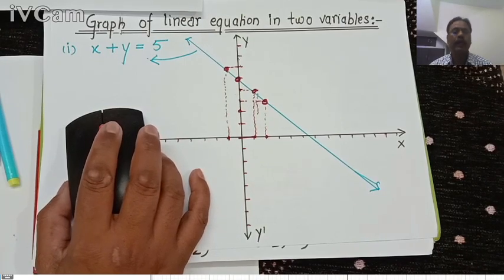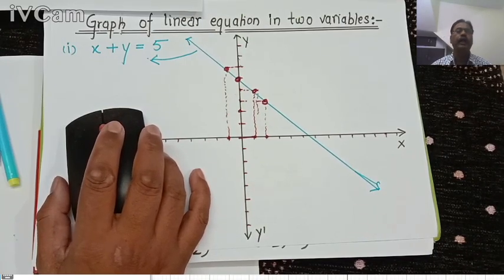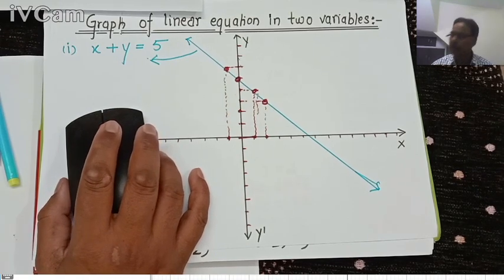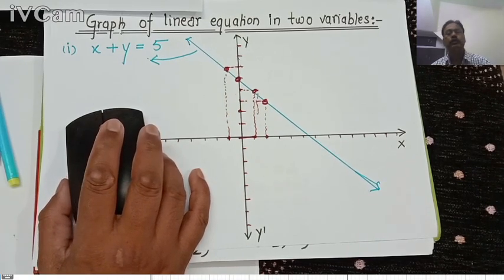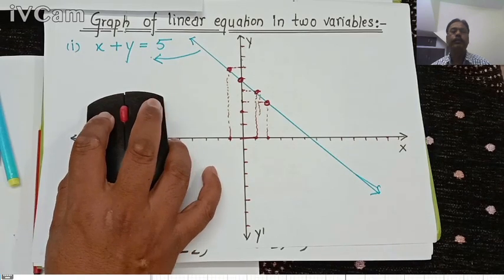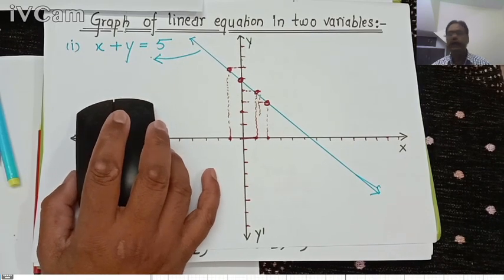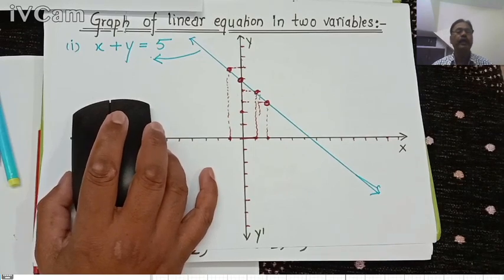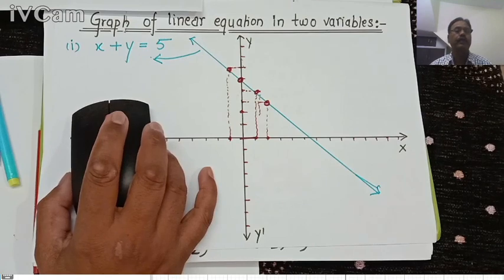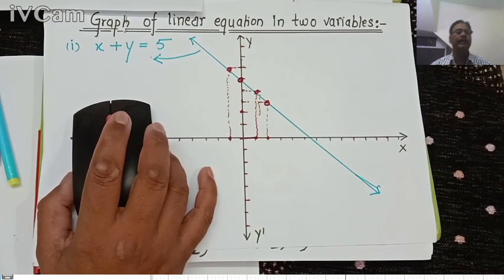To draw the graph, first of all we find 3 or 4 solutions of that linear equation. After that, those coordinates we plot on the graph paper, and then we join all those points with the help of a scale, and we get a line that is called the graph of the linear equation.